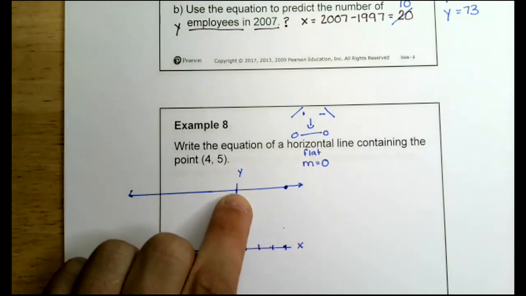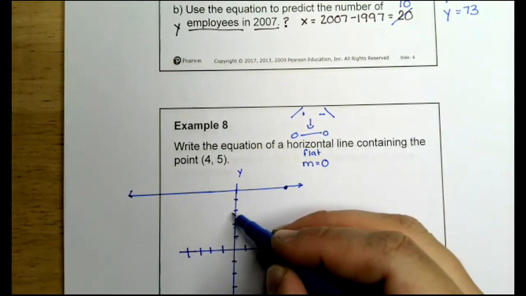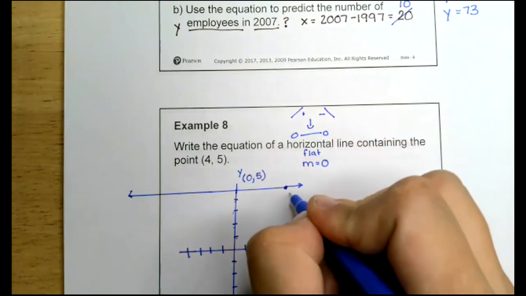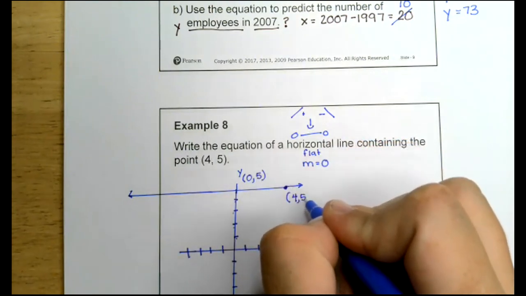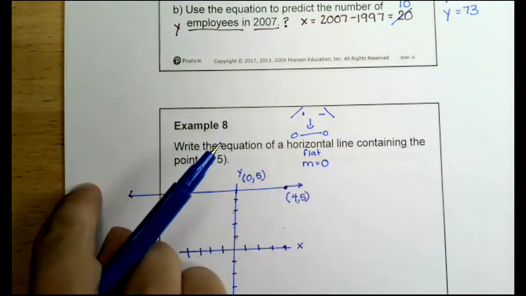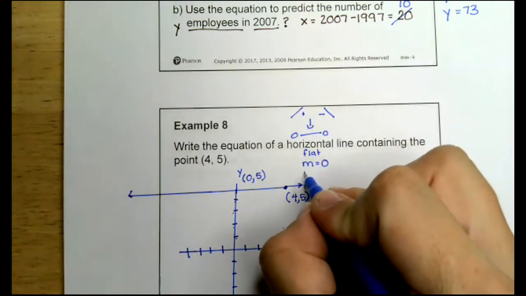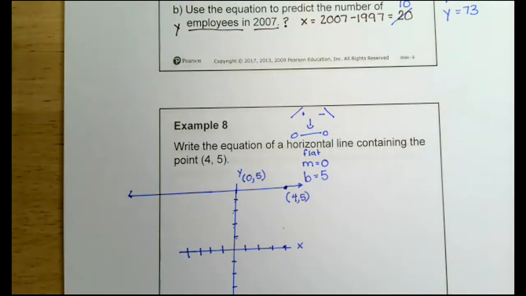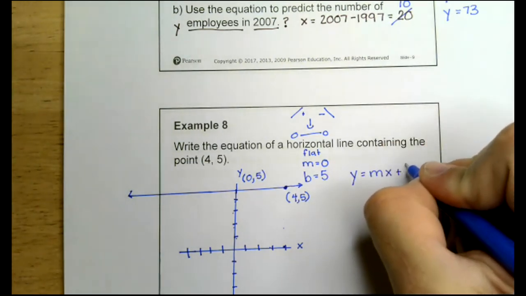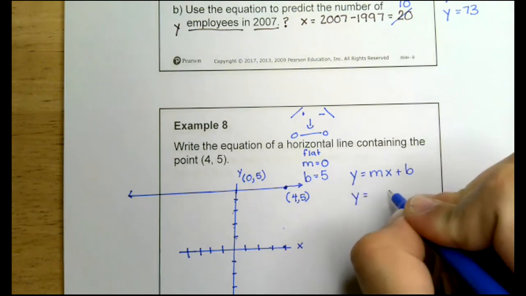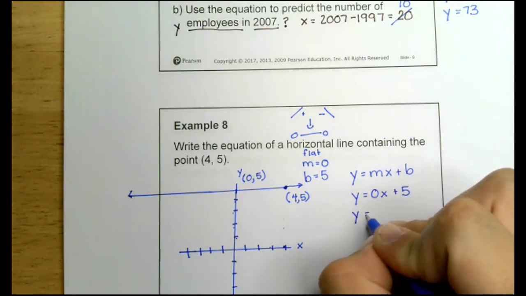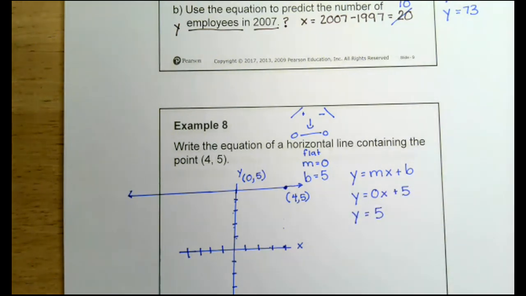Where will it cross y? At 0, 5. Because it's going through 4, 5, it's flat, so it's always going to be at 5 for the y. So we know m is 0, and we know b is 5. So our equation would be y equals mx plus b, y equals 0x plus 5, y equals 5. Okay?